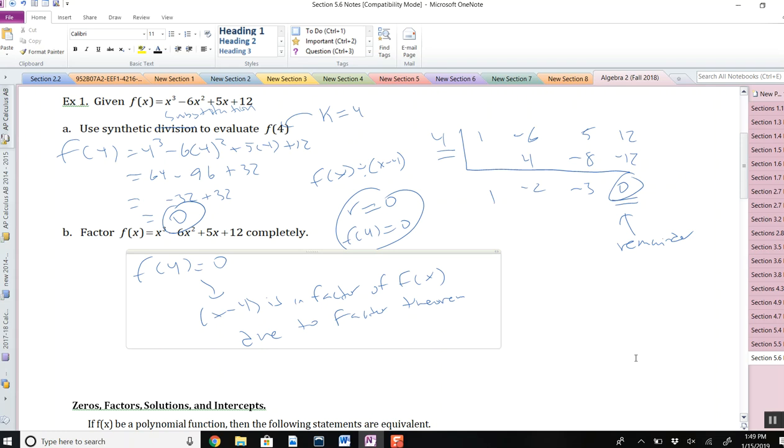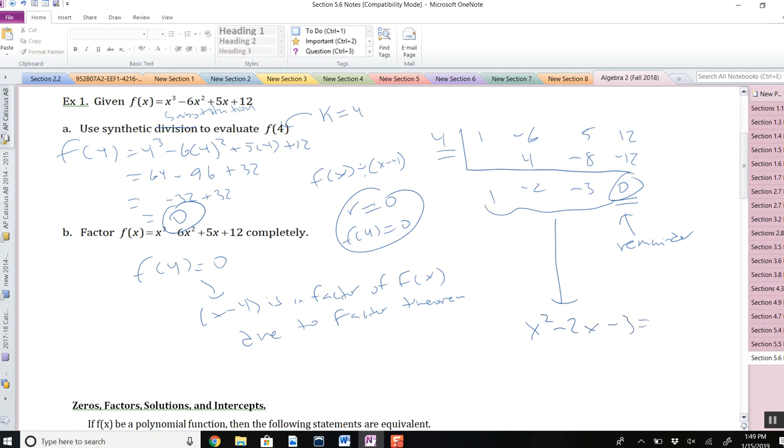So what I could do then is take those numbers, and that will be the coefficients of my quotient, as we talked about in the previous section. And fortunately, I can factor this further: x minus 3, x plus 1, so x is 3 and -1. So those are my other two zeros. But actually, it wants me to factor completely, so it's just x minus 4, x minus 3, and x plus 1. That's what f of x is.